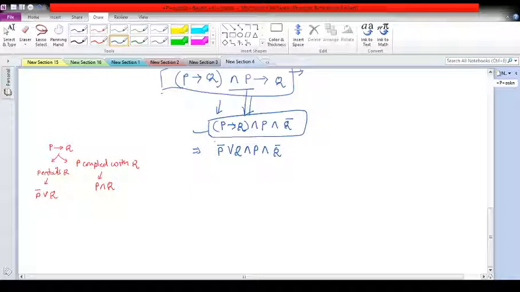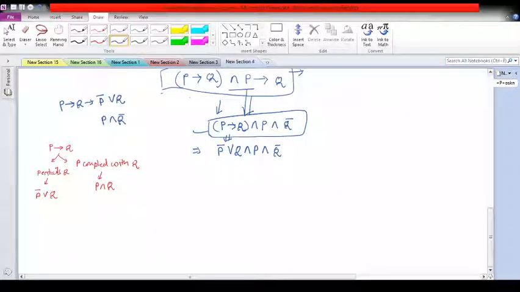Now I have to solve it. So P implies Q can be written as P bar union Q, conjunction with P, conjunction with Q bar. As we already discussed, if P implies Q, that can be written as P bar or Q, and in terms of contradiction, P and Q bar.